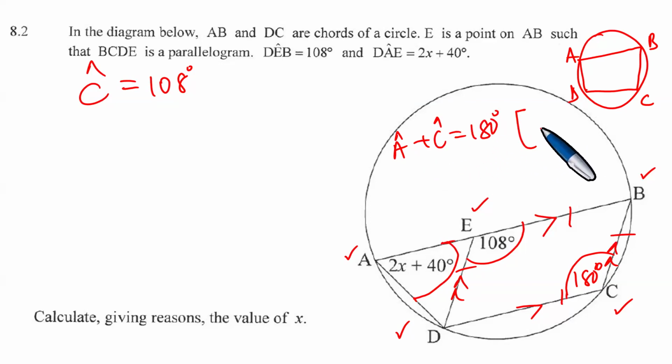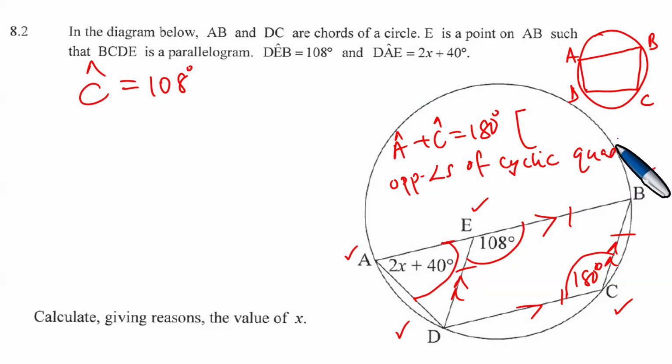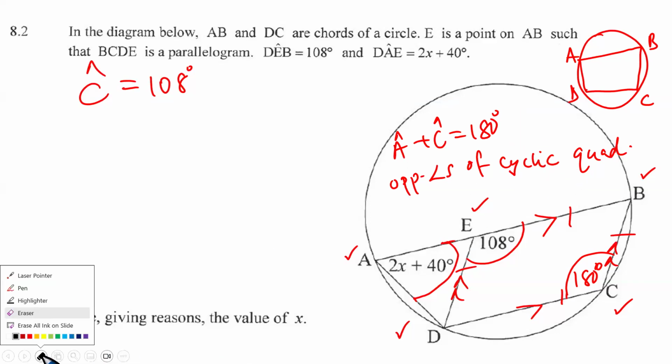So these are opposite angles of a cyclic quad. We know that opposite angles of a cyclic quad are supplementary angles. This is awesome news, and we are in progress.